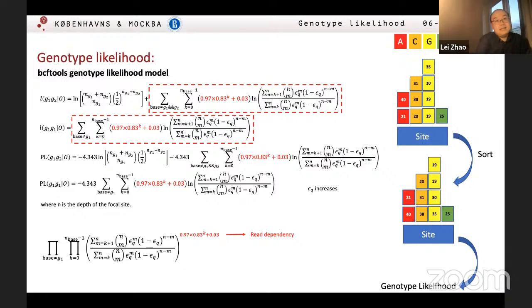It says that if you observe quite a lot of reads, the reads become less and less important. Suppose you observe maybe 10 A's or 30 A's, the first A actually matters more than the last A.